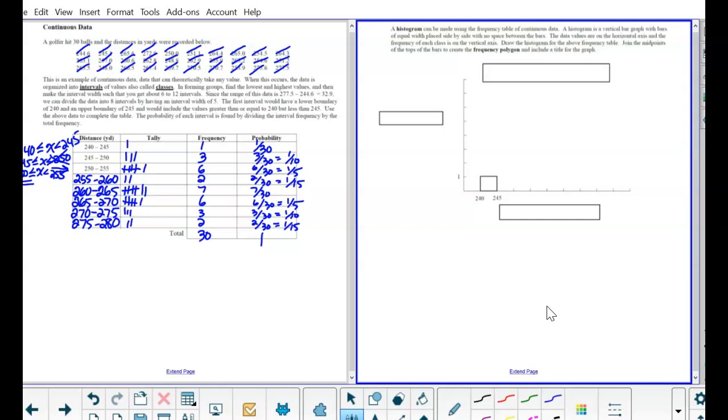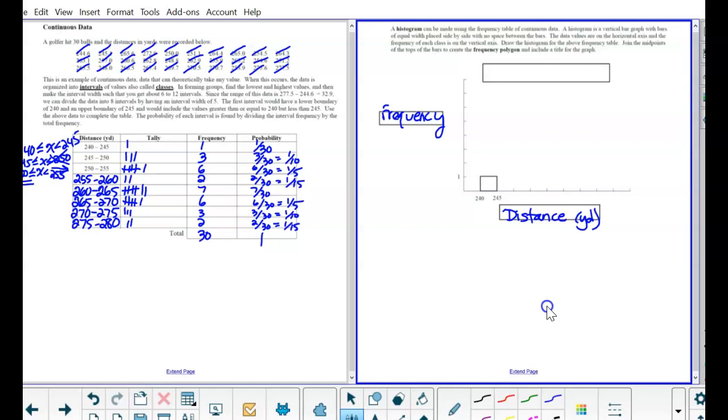So remember here, what are these representing? This is distance, in yards. This is frequency. And these are distances a golfer hit, yeah, 30 balls.